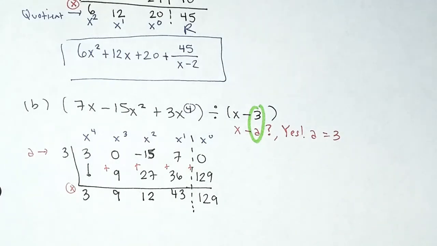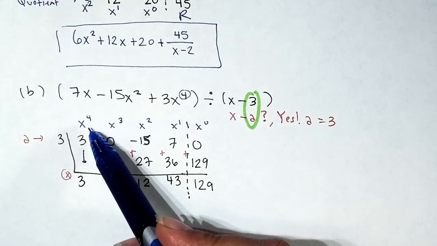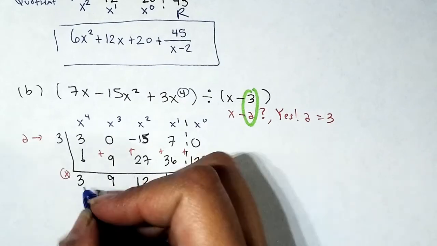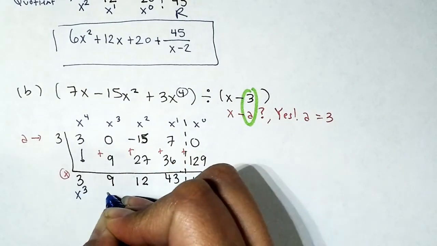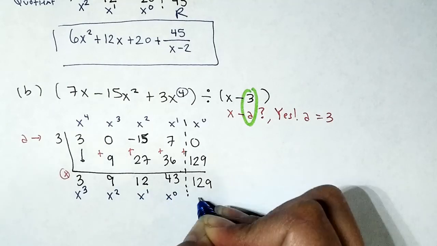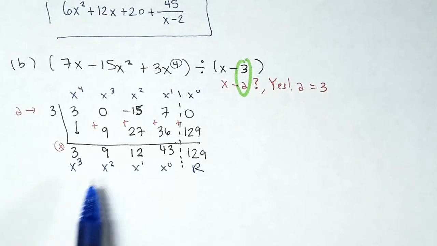So let's go ahead and write down the answer. We divided into a degree 4 polynomial, so the degree of our quotient needs to be 1 under, or 3. So we have x to the third, x to the second, x to the first, constant, and remainder. So let's go ahead, earn our full credit, and snake it through.